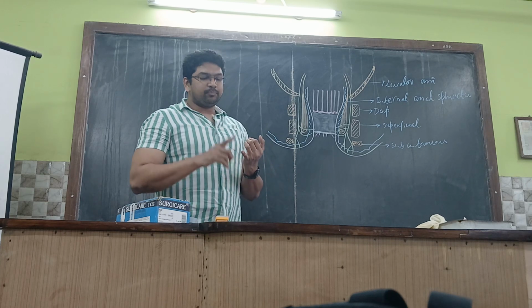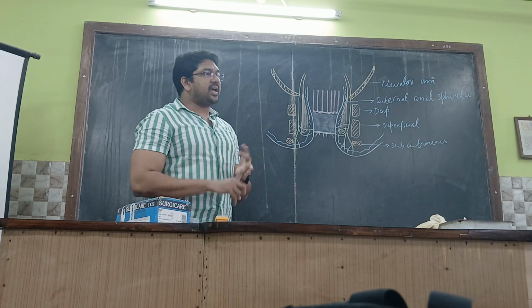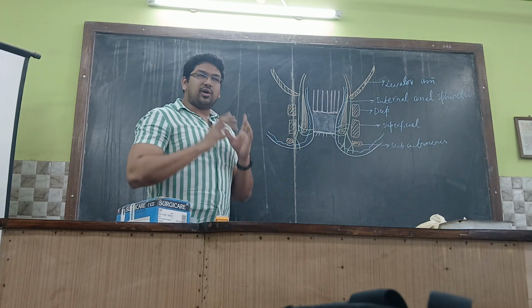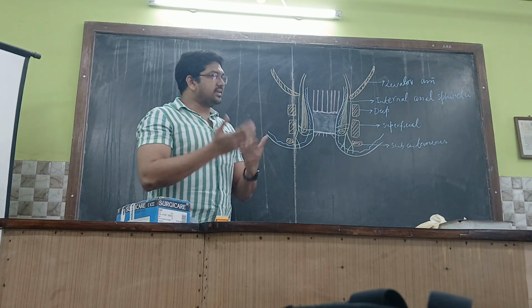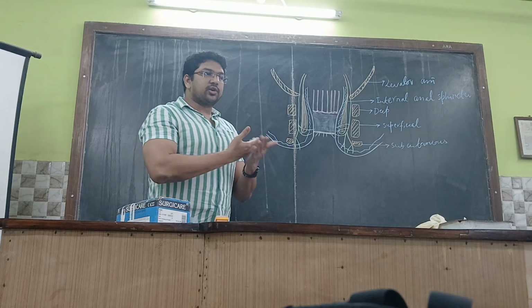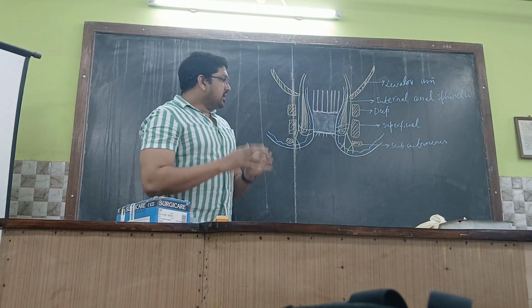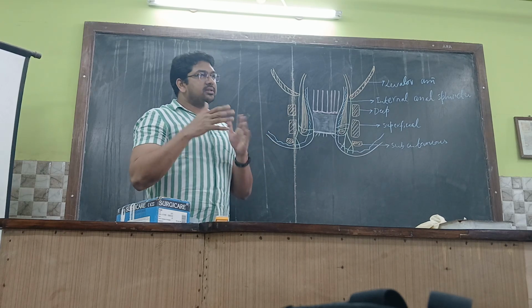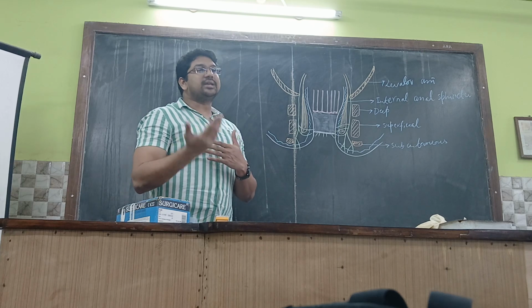For example, the mucosa of the buccal cavity, the vagina, the anal canal, the esophagus. All these are very close to the external environment, which undergoes wear and tear. What is wear and tear? It will undergo friction because of the food substance or fecal matter or whatever it might be. So at that area, to prevent injury, there will be stratified layers of non-keratinized epithelium.